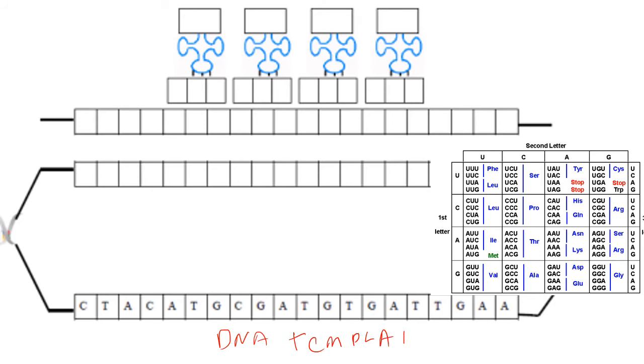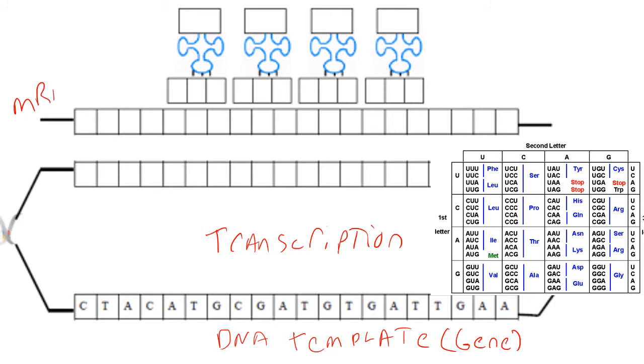The DNA template represents a single gene that's going to be transcribed through the process of transcription to the mRNA molecules and then translated into a protein. Here we see it again: DNA, RNA, protein, and the protein obviously results in the traits.